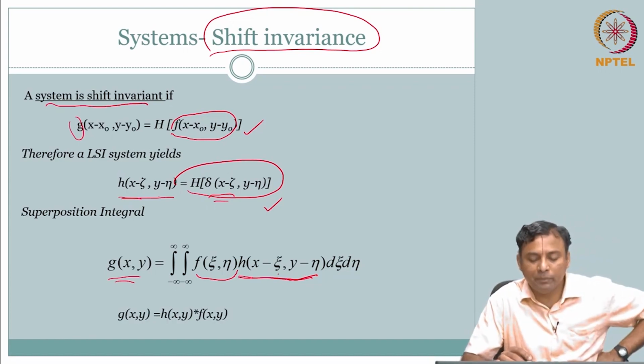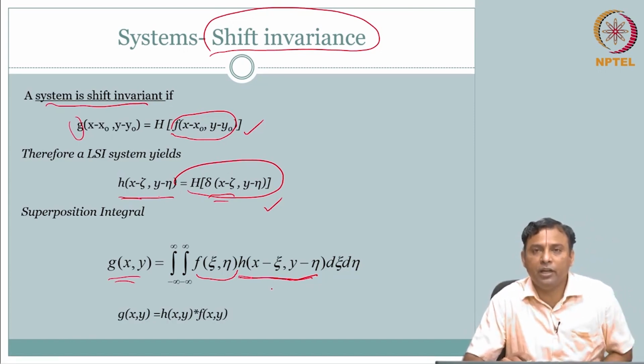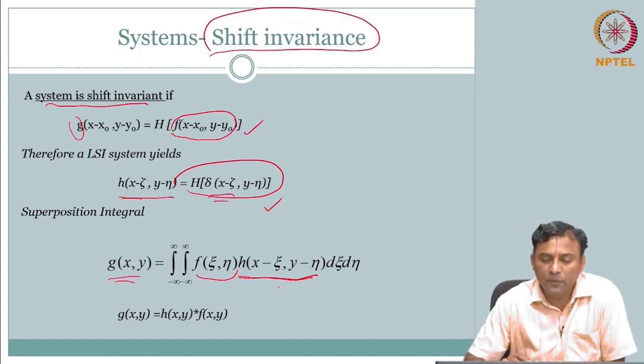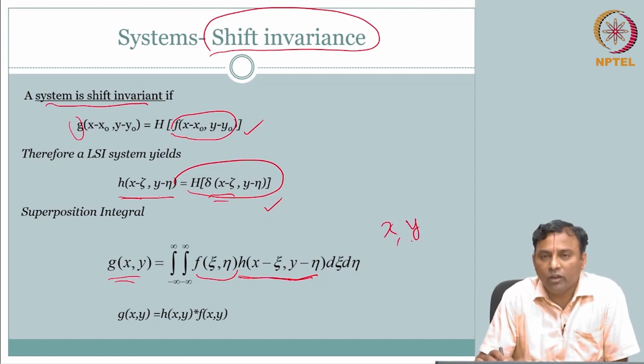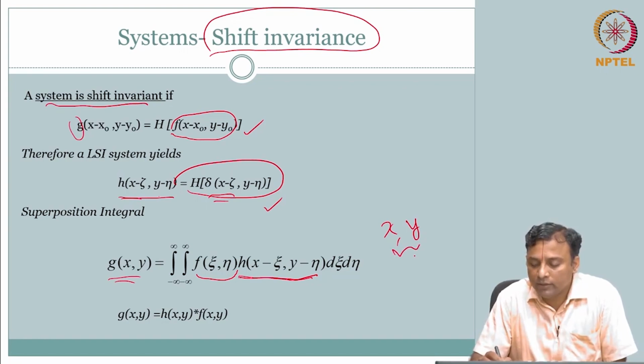This looks complicated because the variables are kind of new to you, but let me give you a quick example. Imagine this x and y is your t, and your theta and eta are your tau.